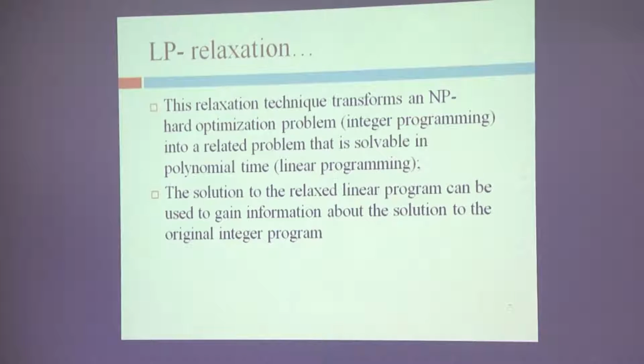Why should I solve that? My problem is only to solve an integer programming problem. But what are you saying? Remove that additional requirement. My problem is to solve an integer programming problem, I want all the variables to be integers. Now what am I saying? Remove that additional requirement, solve a related LP. Why am I doing that?